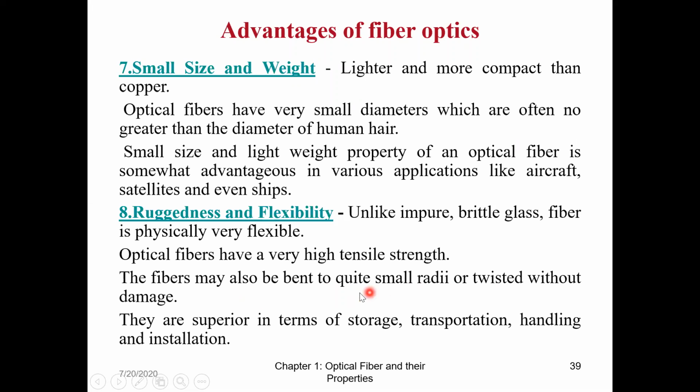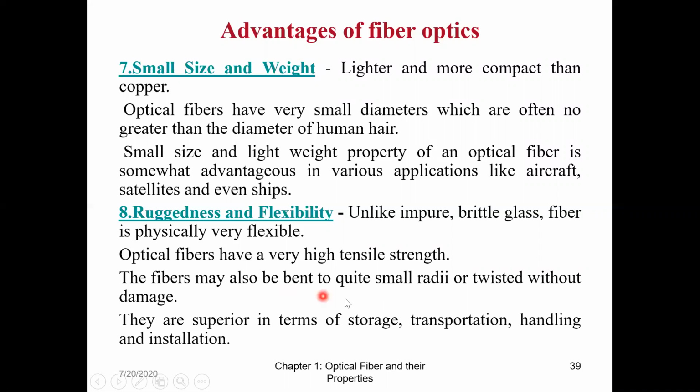So here also in lab, we will be doing one practical, which is we will be calculating the bending loss of the fiber cable. We will send light through the fiber and we will bend the fiber. First bend, second bend, and we will decrease the radius of the bend. You can see the signal on the CRO, the amplitude will decrease.